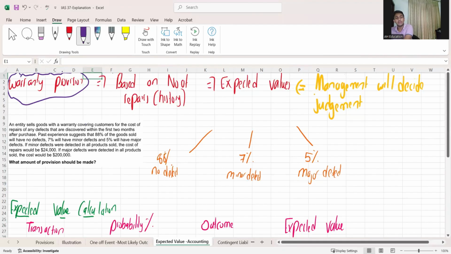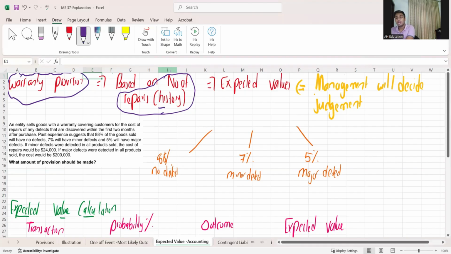I told you, we will be determining the level of provision based on your number of repairs. You will have a track record. For this customer, this was the amount for this particular damage. For another customer, he had a separate damage and that was a particular cost. All of this will be based on your history.